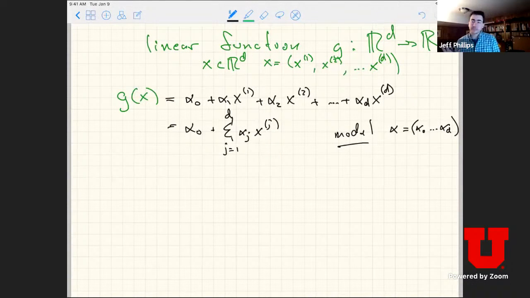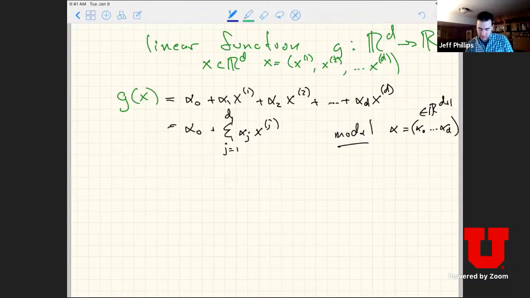In dimensionality reduction and in regression, it was probably better to turn this model into an element of R^(d+1) and just work with this alpha vector. For classification, it turns out it's different, and it's better to keep the offset separate. It's a little more natural to work that way, and the distinction can come up in a few places.